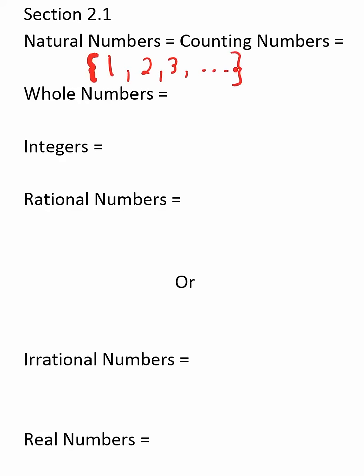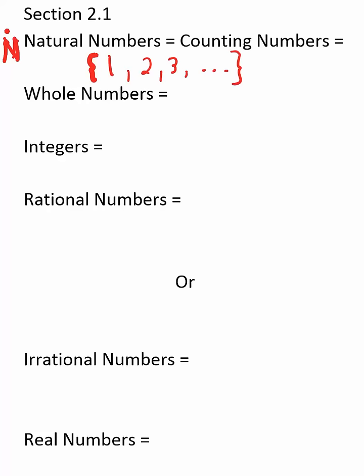And because in mathematics we often like to use abbreviations, instead of writing out natural numbers or counting numbers, you will often see mathematicians use the letter N, capital letter N. I hope you can read that.